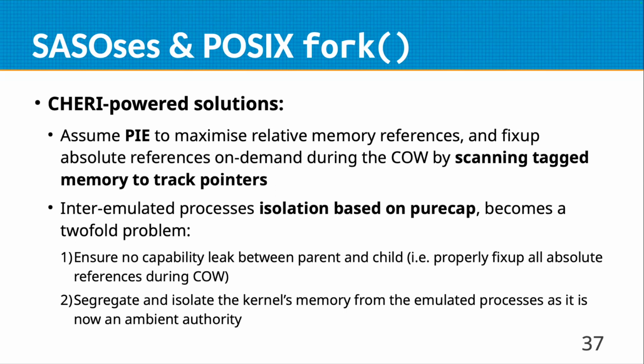So that means just do the capability fix-up properly. But also you need to isolate the kernel from the emulated processes, because now the kernel becomes an ambient authority. So there is a bit of modification to the system call interface that needs to happen. You need to bring in user-kernel isolation again if you want this to work.